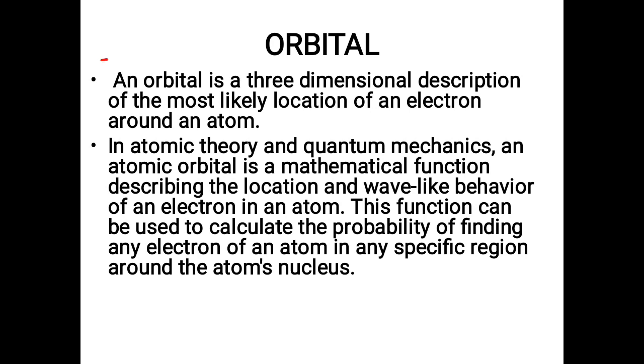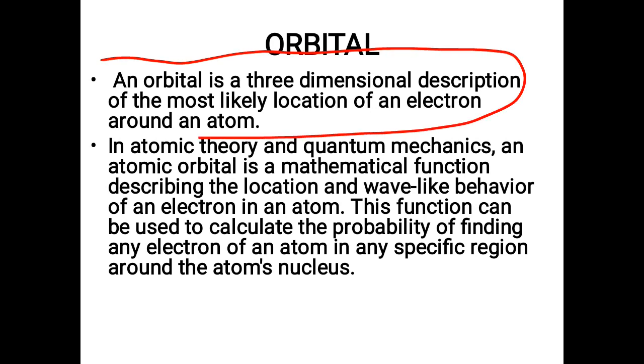It means it's that space around the nucleus where an electron is found with maximum probability. It was a problem to locate or to describe exactly where an electron is found in the atom.